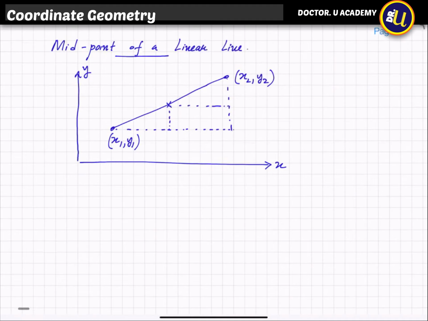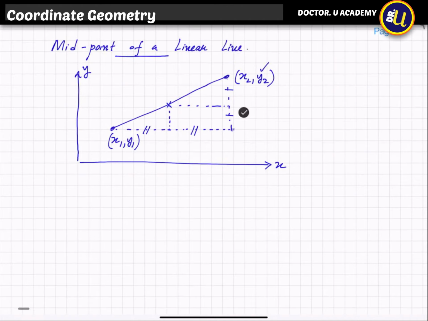Now if you look at this carefully, this length over here is equal to the length over here. Why? Because that's the midpoint. And similarly, the vertical line over here is equal to the vertical line over here. Now if you consider the y value at this point, that would be y2.